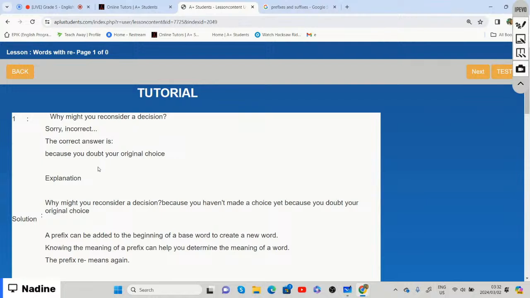And we might reconsider a decision, right? Firstly, because we sometimes doubt our original idea. It's like you give somebody another chance, right? You haven't really made a choice as yet. You said you agreed to something, but now you are reconsidering by at least properly thinking about it.